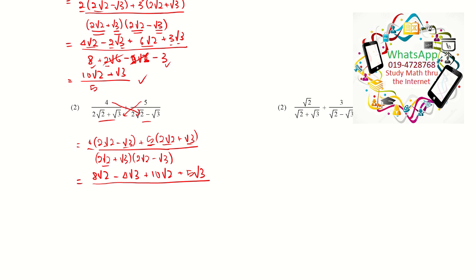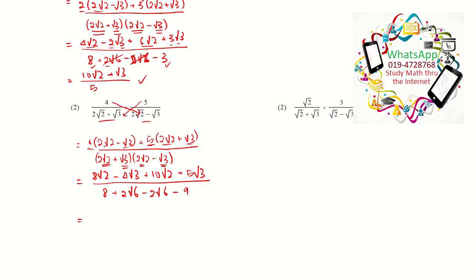Okay, the denominator, this times this, you get 8. This times this plus 2 root 6. Then this times this minus 2 root 6. This times this, you have minus 9.